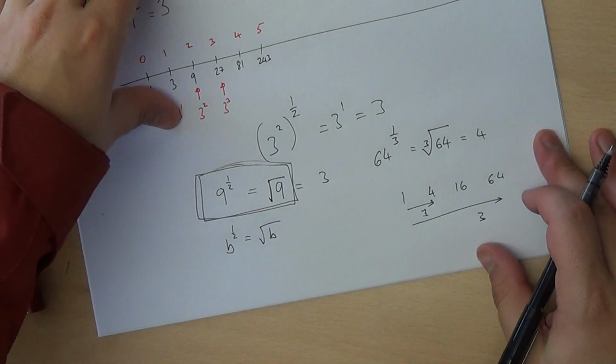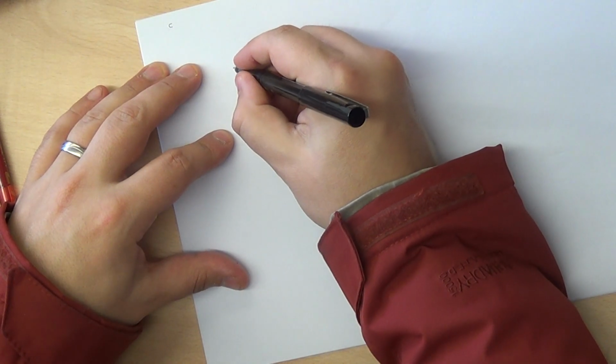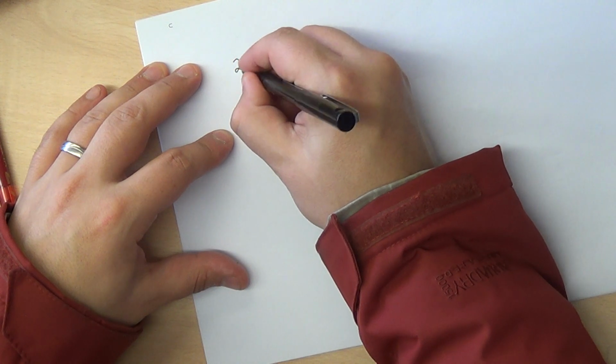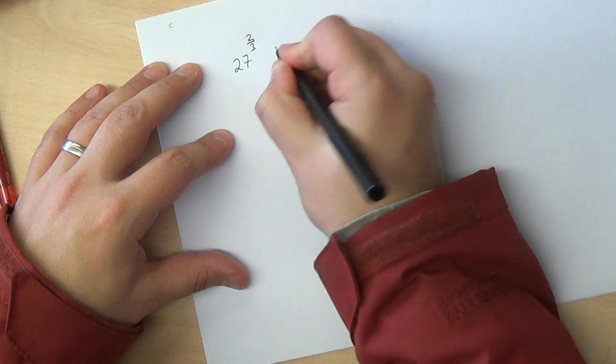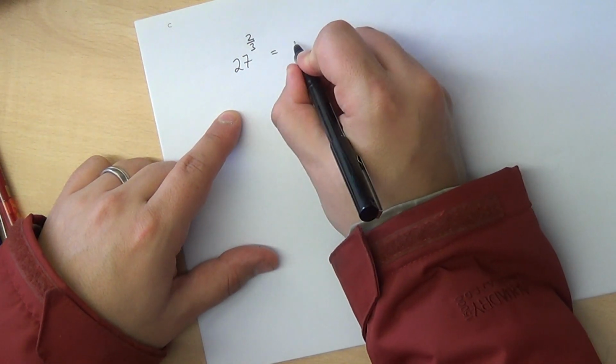Right. One last big leap. What on earth is, pick a nice example, 27 to the power of 2/3. So this is tricky. We know that thirds means cube rooting.